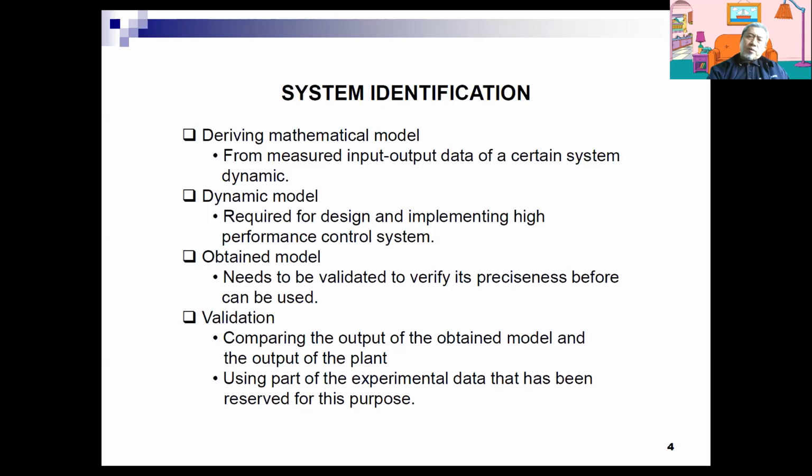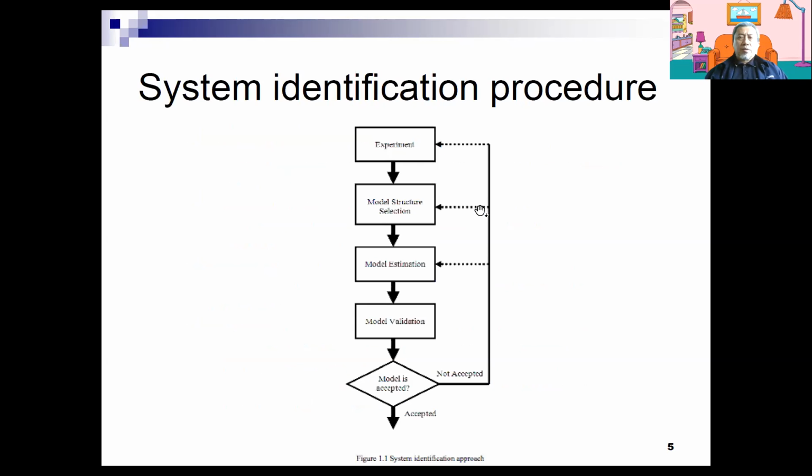For example, you captured 1,200 data. The theory says that you divide into two: the first 600 for estimation, and the remaining 600 for the validation.